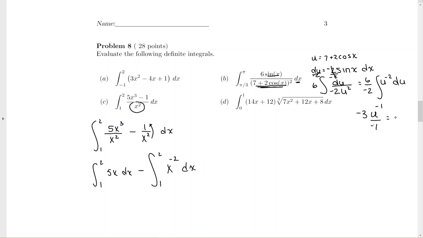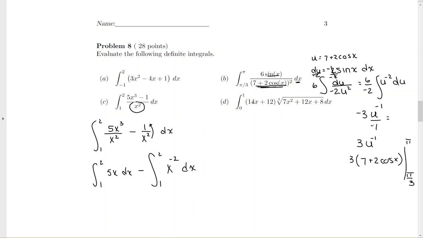So that's going to be 3 u to the -1. And then change the u back to what u was. So 3 times 7 plus 2 cosine x. And then once we're back to x's, I can use those limits of integration. Pi over 3 to pi. And that's where you're going to have to remember your trig and substitute in and simplify.